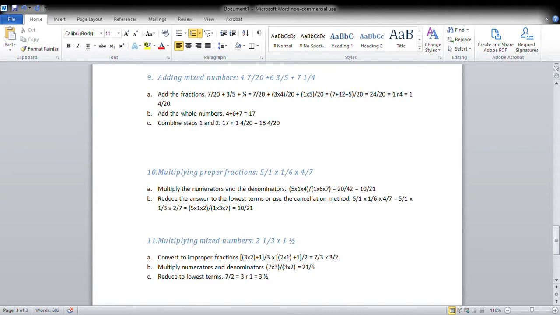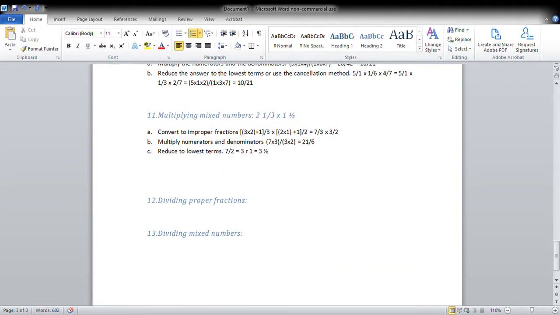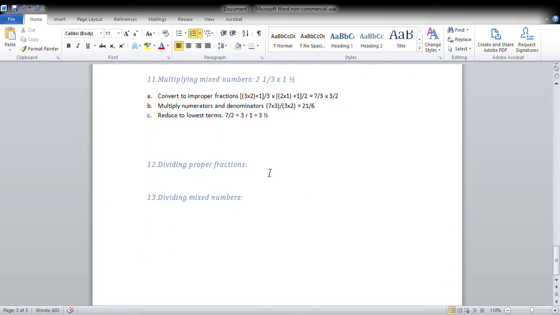Next, dividing proper fractions. Three steps. Invert the divisor.